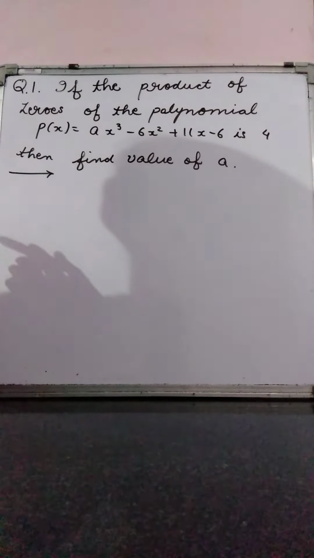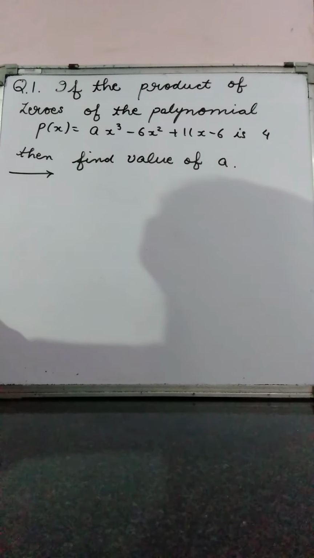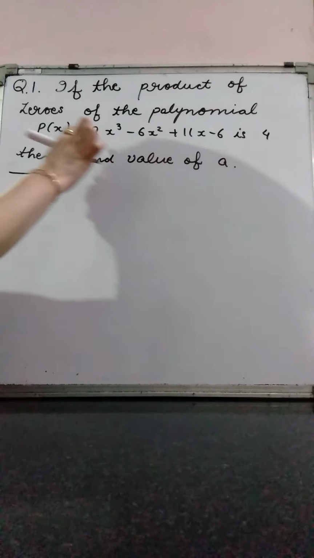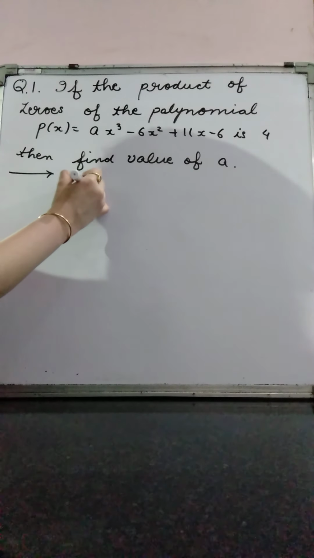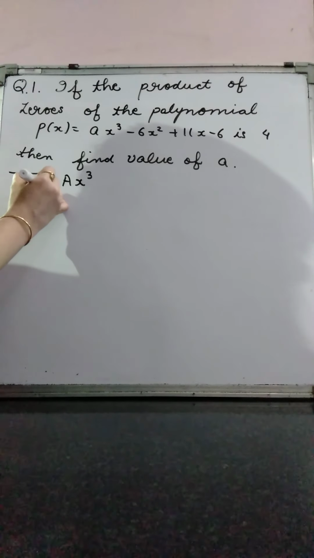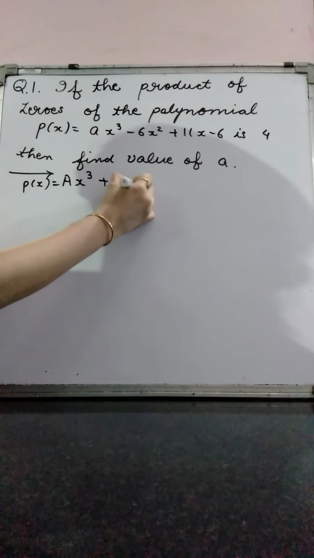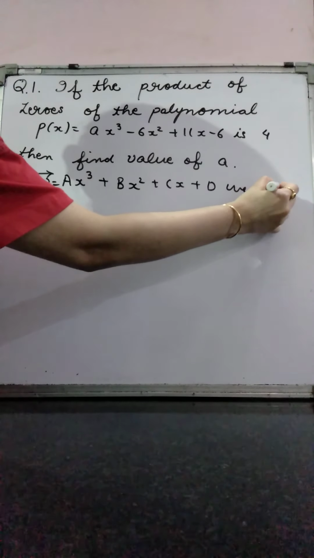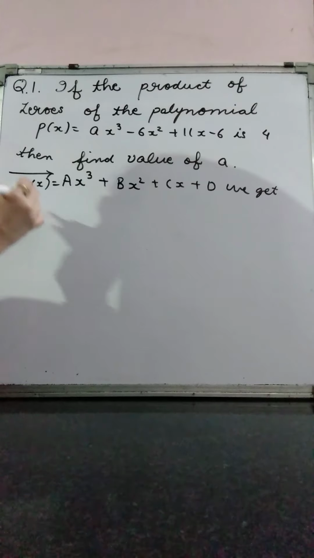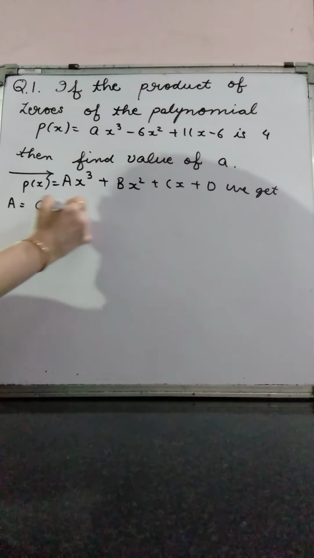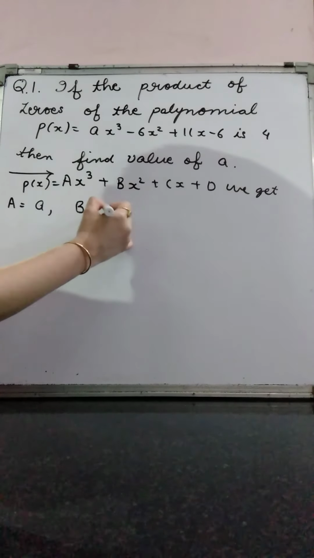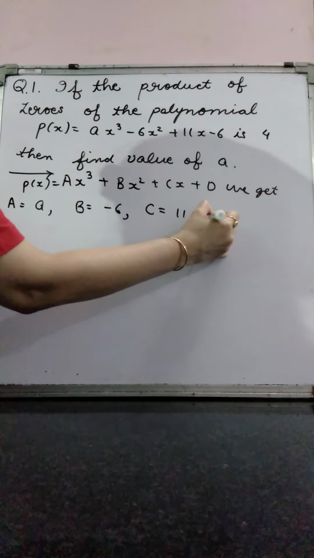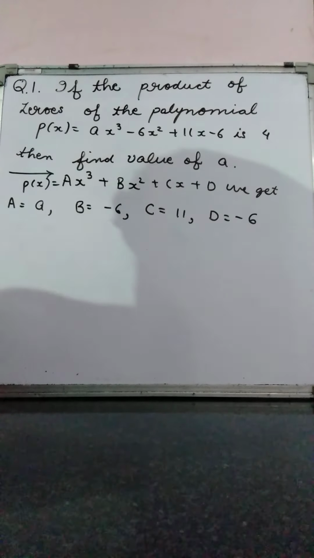Now first question is, if the product of zeros of the polynomial is 4, then find the value of a. First of all, compare this polynomial with ax cube plus bx square plus cx plus d. We get the value of a is small a, the value of b is minus 6, c value is 11, and the value of d is minus 6.